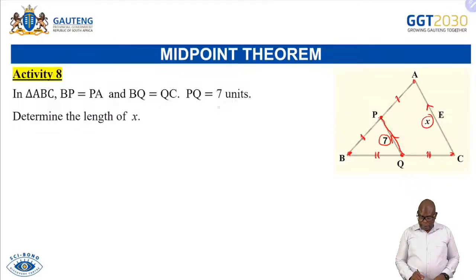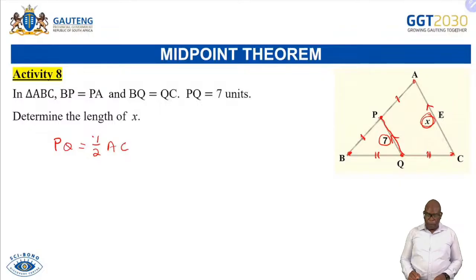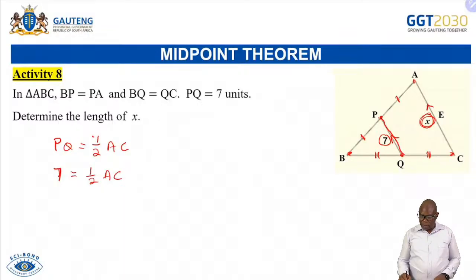So how do I calculate the value of that? We said PQ will be half of AC. If PQ is 7 units, and AC there is X, then half of X equals 7.